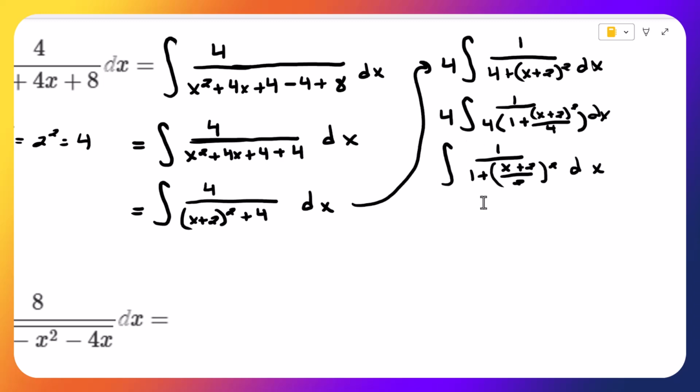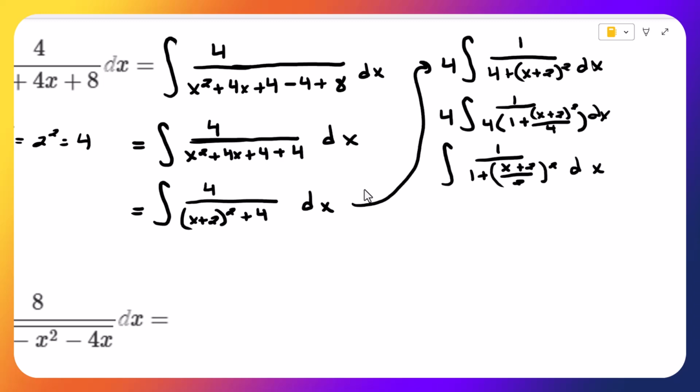And then this looks very similar to our arctan antiderivative. We're just going to have to do a u-sub here. So u equals, let me actually give myself a little more space. U equals x plus 2 over 2, du equals 1/2 dx. So 2 du equals dx.